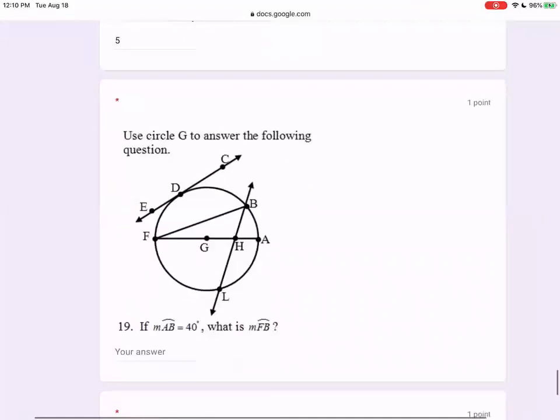Okay, number 19 now. If measure of arc AB is 40 degrees, what is the measure of arc FB? Okay, so this is a little trickier, but measure of arc AB, that's the little portion, right? That's 40 degrees. And FB is going to help that 40 add up to 180. So 40 plus what equals 180?